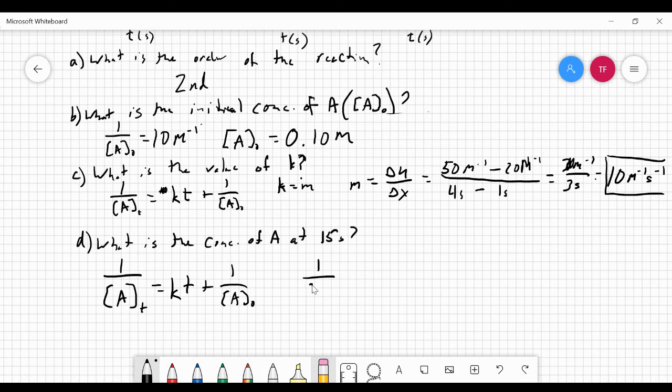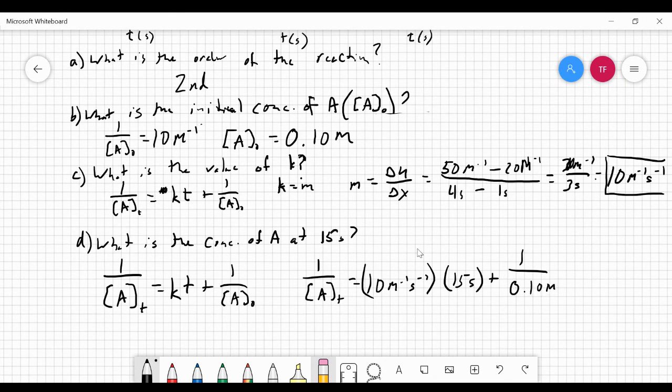So let's go ahead and plug in everything we know. The value of K is 10 inverse molar inverse seconds. The time that we're solving for is 15 seconds. And our initial concentration of A was 0.10 molar.